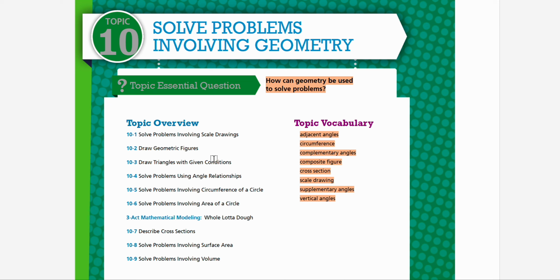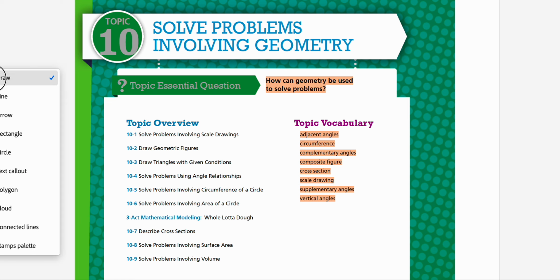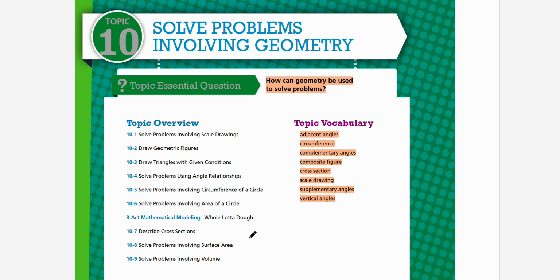It's all about problems involving scale drawings, geometric figures, triangles, angle relationships, circumference of circles, cross sections, surface area, volume. So if you have learned geometry before, this is a little bit more in depth. And in Algebra 1, the geometry topic is also going to be a little bit more in depth. So if you enjoy this, you'll enjoy this topic.